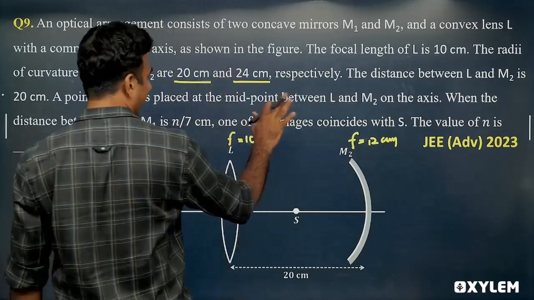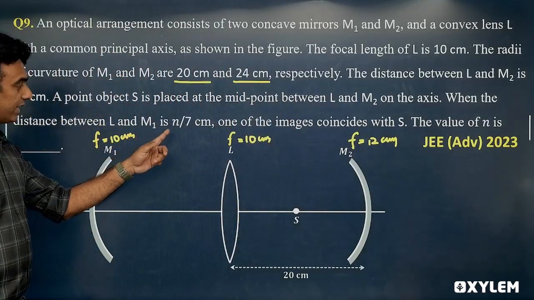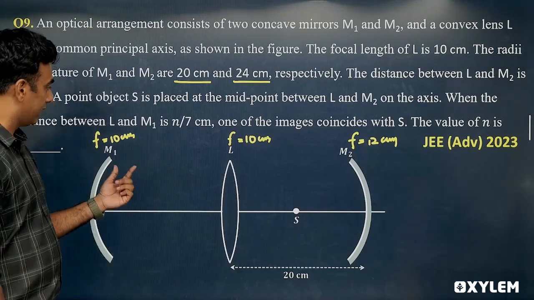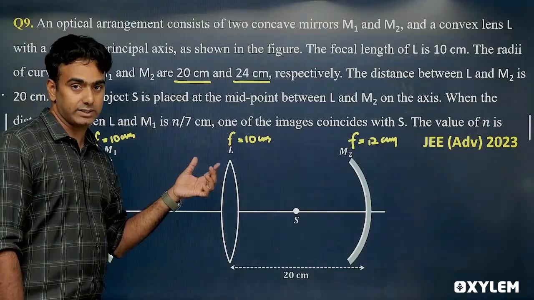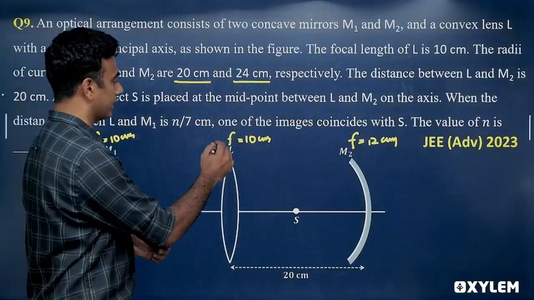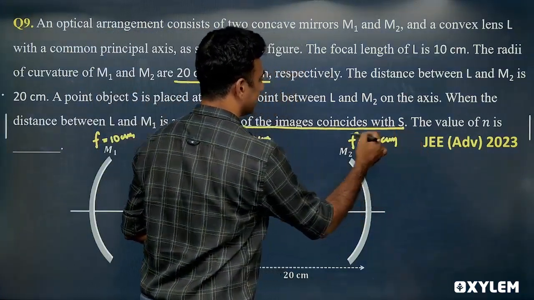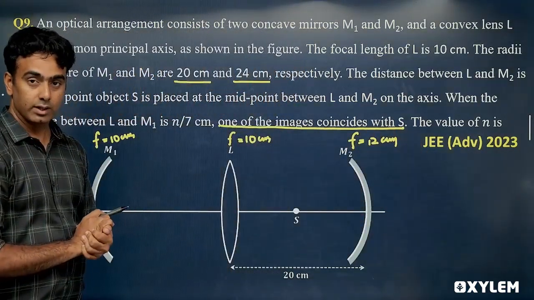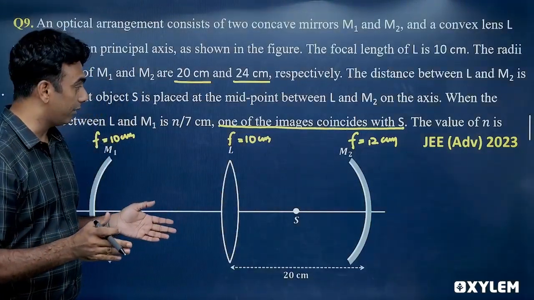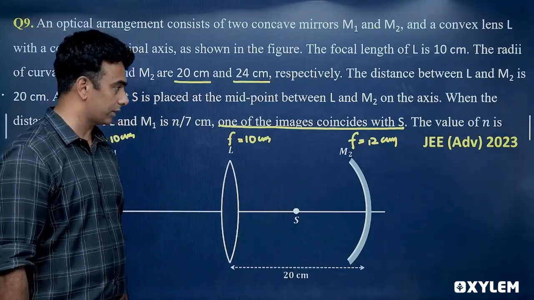And finally, the distance between L and M1 is n by 7 centimeter, and you are supposed to find n. It is also given that one of the images coincides with S. There may form various images, but one of the images coincides with the object itself. This is given in the question.